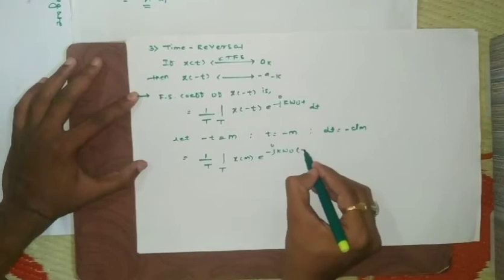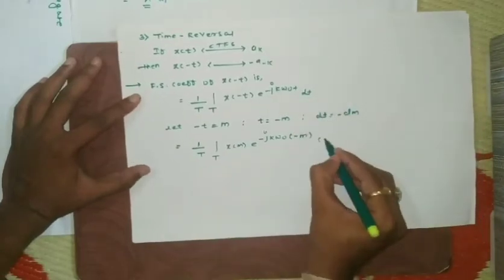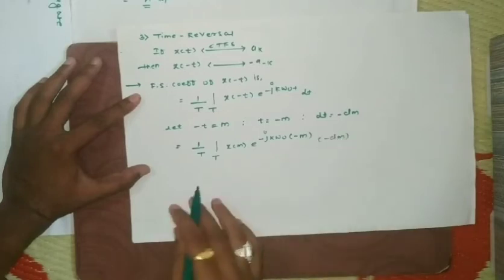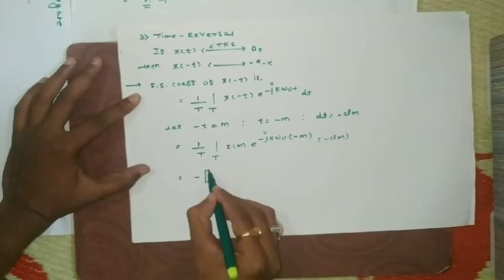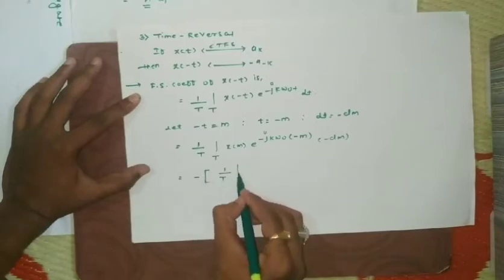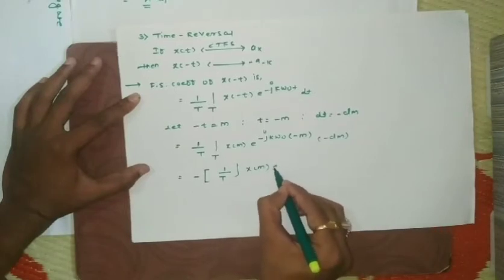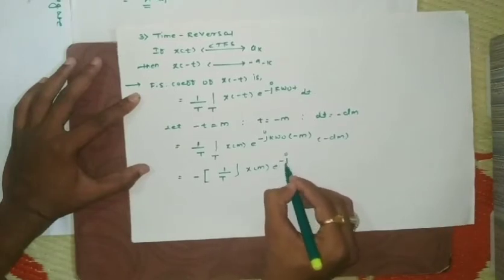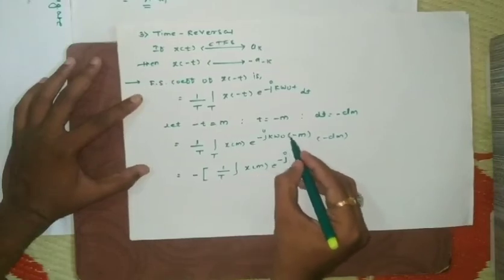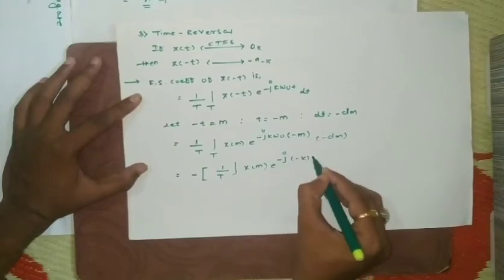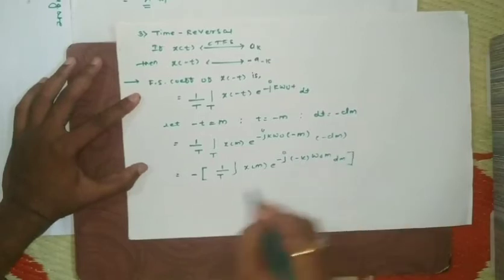Instead of t, we'll write -m, and instead of dt, we'll write -dm. Now I can take the minus sign outside, minus the remaining term 1 by T integration, this is x(m) exponential e raised to -j. Now this minus sign I can give to k also, because they are in multiplication. So this becomes -k omega naught m into dm.